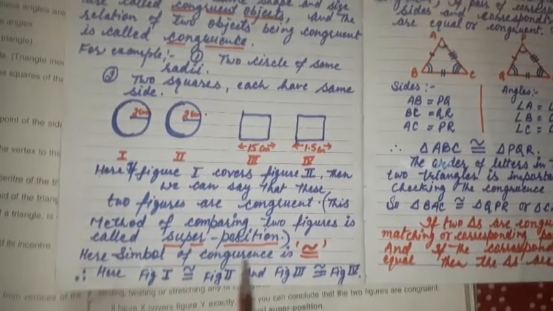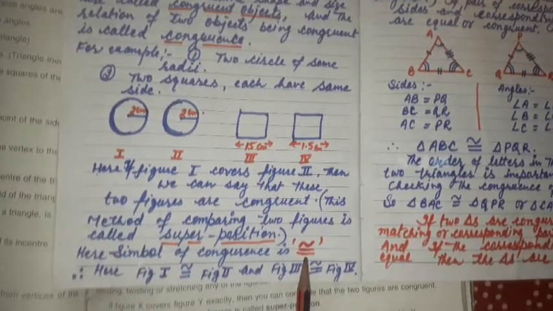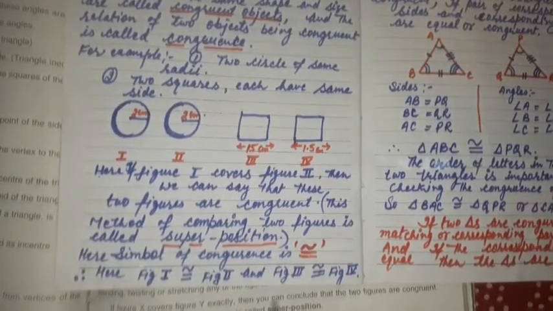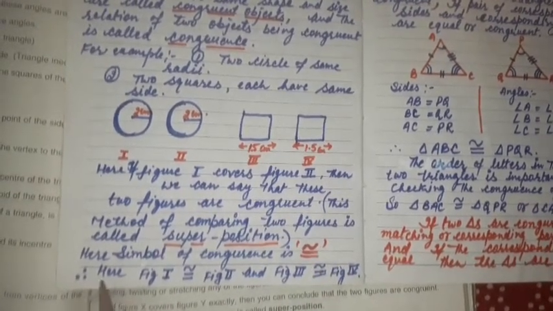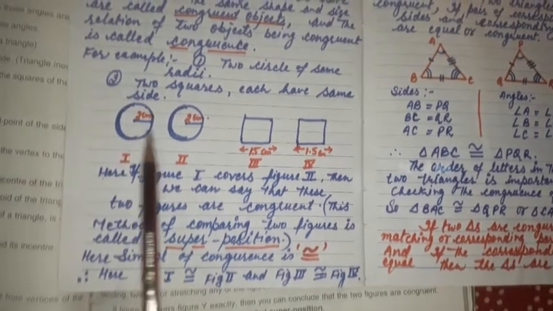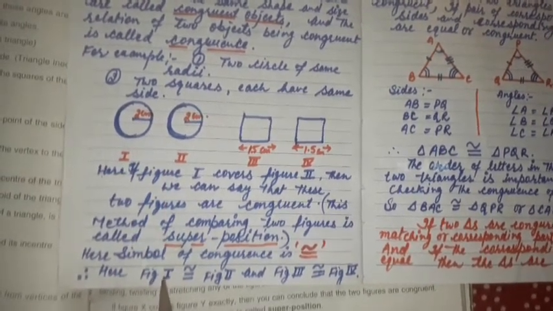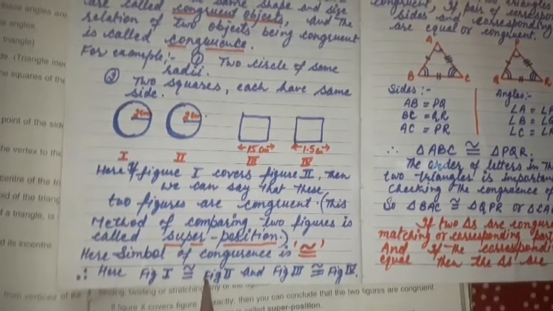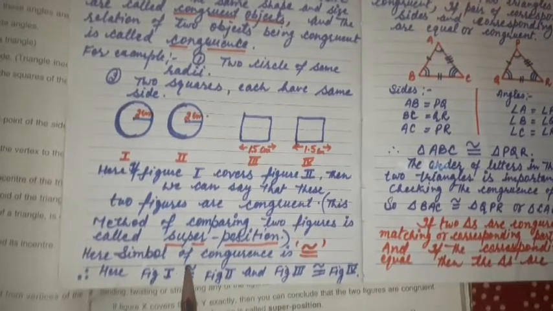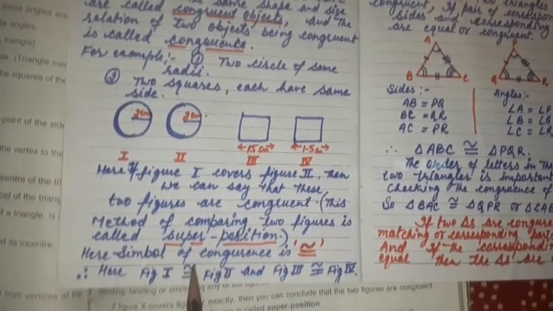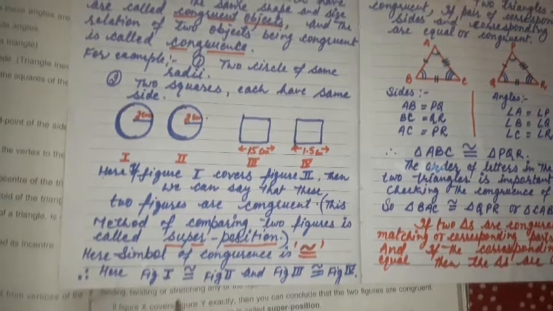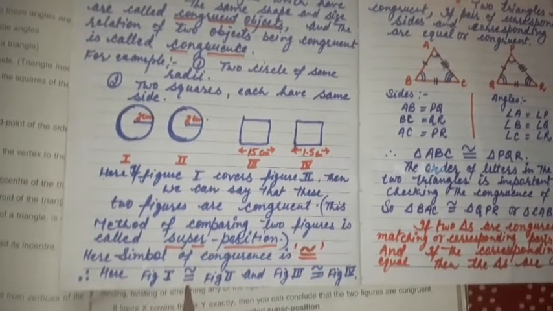Here the symbol of congruence is represented by an equal to sign with a small symbol on top of it. Therefore, figure 1 is congruent to figure 2. These two circles are congruent with each other. This is the sign of congruence, the equal to sign with such a symbol on it, known as the congruence symbol.